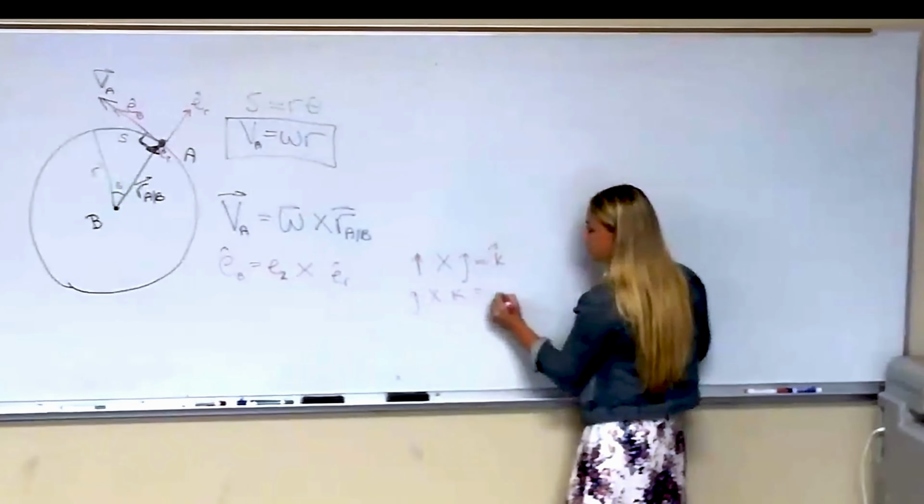Okay, so this describes our point A as if it was in pure rotation about a fixed axis. If you were looking at a merry-go-round and you spun it, the part that is sticking up is your z-axis, and the plane you're looking down on where the movement is occurring is going to be ER and E theta.